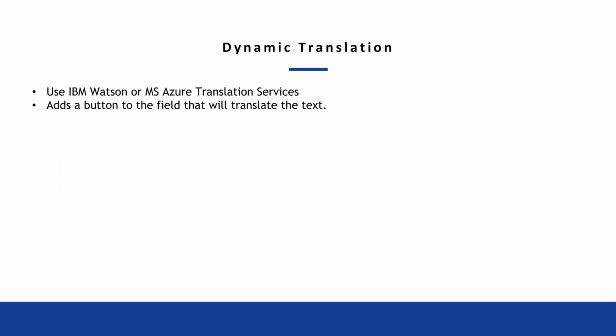But the cool thing about this is services like IBM Cloud, Watson, and Azure offer translation services as one of the services that you can use. And you can configure your system to use this, and then you add a little decoration field, a button to the field to automatically translate the text in that field, so it works in like a multi-line text or string field.